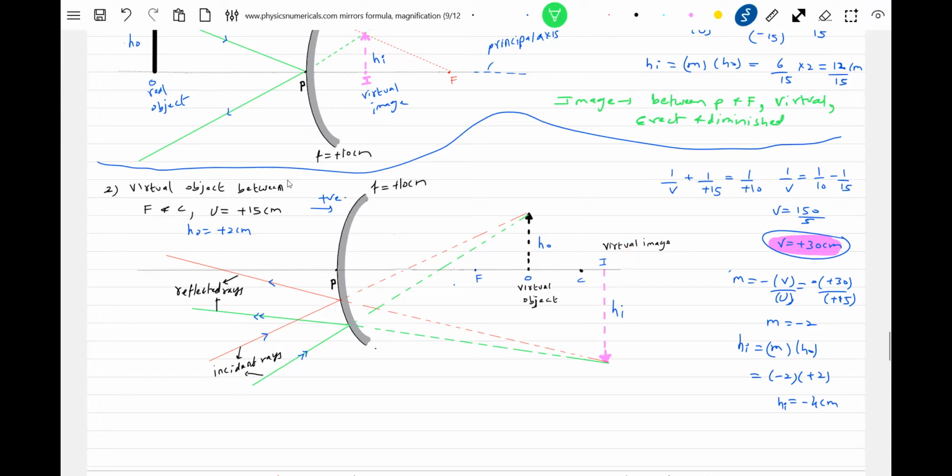So what is the conclusion now? Virtual object between F and C. What about the image? Image will be between F and C, virtual, inverted, and magnified.